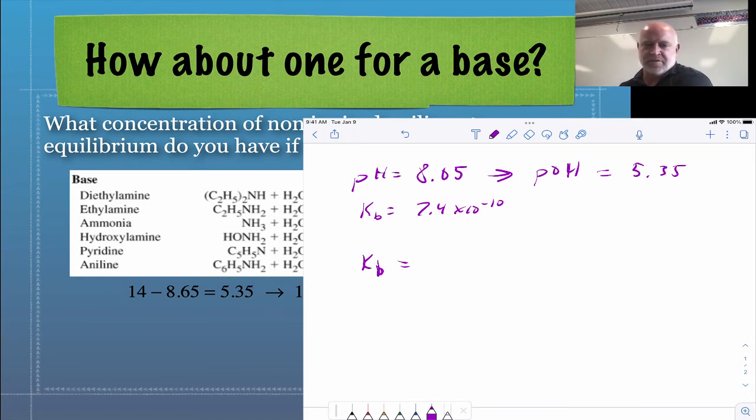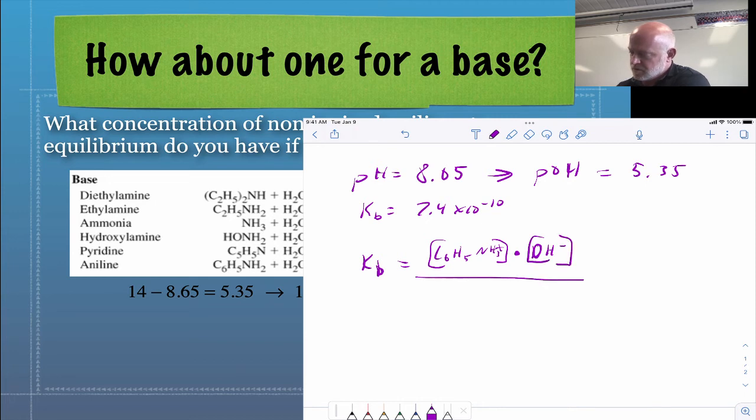So Kb is going to equal my C6H5NH3, that's the conjugate acid with a positive charge on it, times my hydroxide. And water here is not going to be included because it's a liquid. And then the base is the C6H5NH2 concentration. So here's our equilibrium expression.